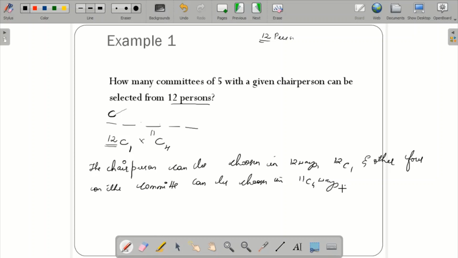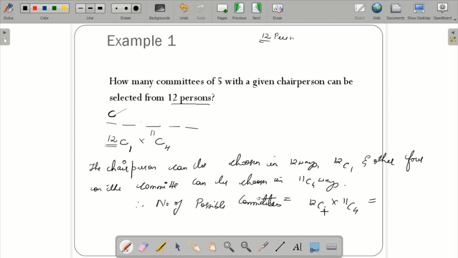Therefore, the number of possible committees is equal to 12C1 into 11C4.